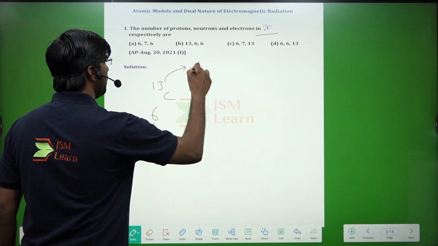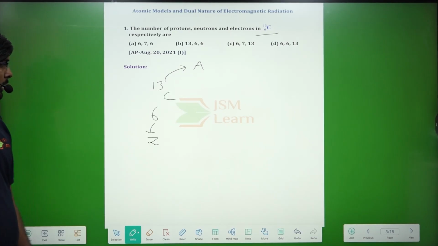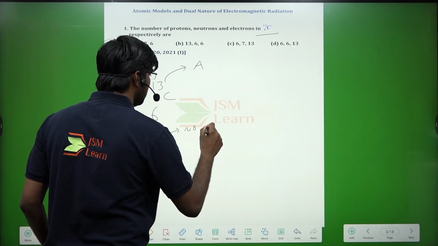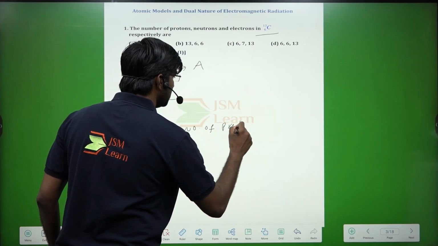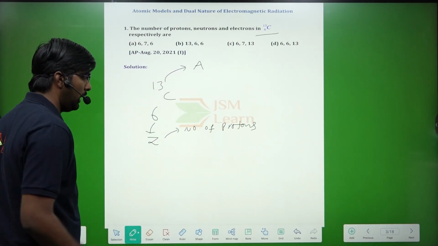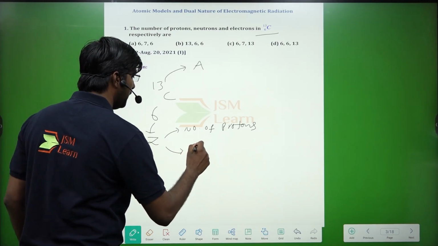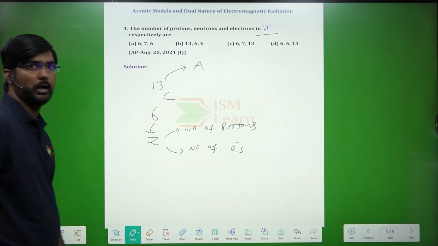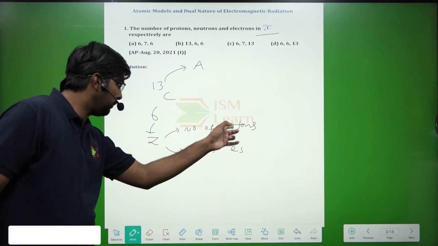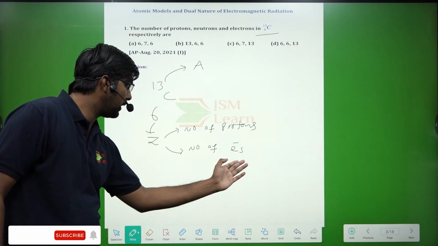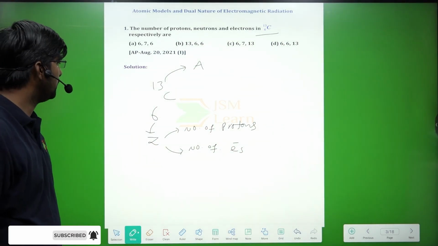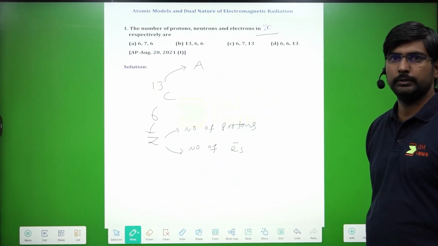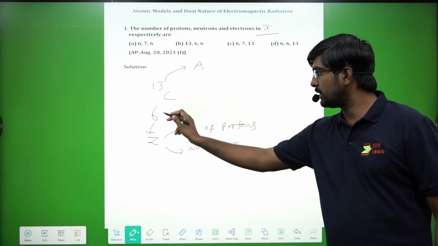This is mass number, denoted by A. Right, so here atomic number means the number of protons present in the atom, or this is also equal to the number of electrons present in the neutral atom. So that's why here atomic number is 6, so the number of protons is 6, and the number of electrons is also 6.